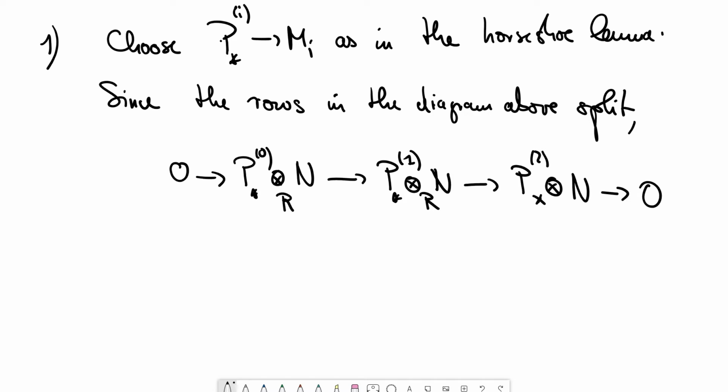In other words, what you see here is a short exact sequence of chain complexes.